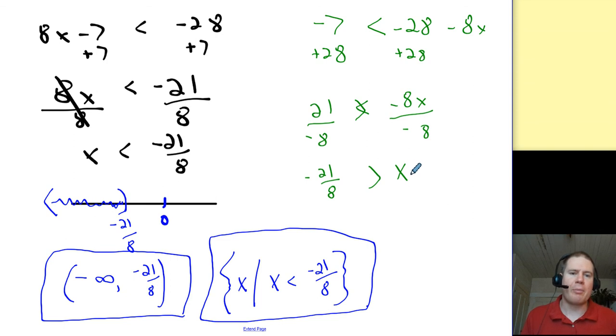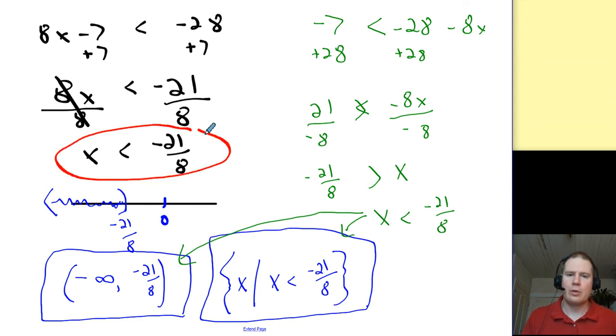But if I'm asking for the solution, what values of x make this true, x is less than this number. So for our final answer, we definitely want to write it: x is less than negative 21 eighths. And that gives us the same two solutions, right? These are the same solution.